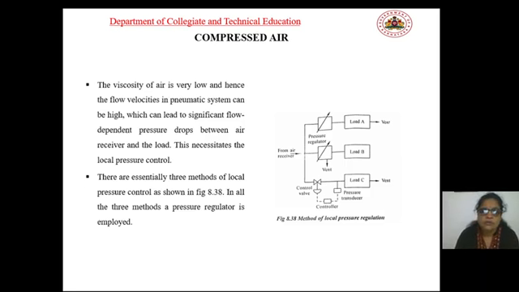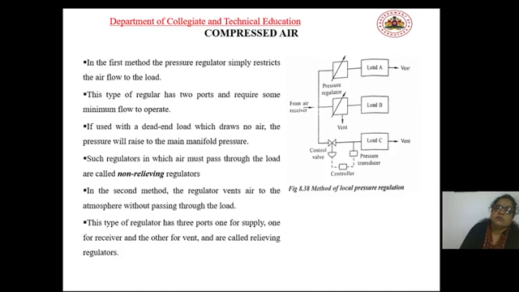You can also observe from the figure that there are essentially three methods of local pressure control. In all three methods, a pressure regulator is employed. In the first method, the pressure regulator simply restricts the airflow to the load.